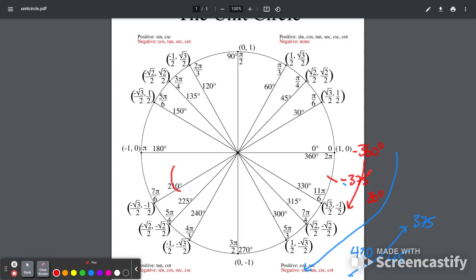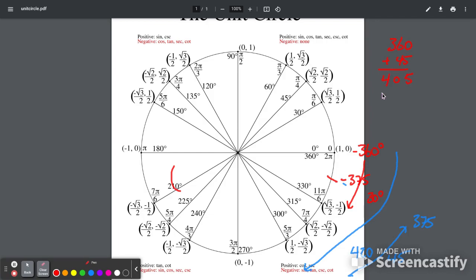But now I need to figure out what combination of two common angles will get me there. I started playing around. I know that if I went from 360 and added on 45, so 360 plus 45, that would put me at 405.